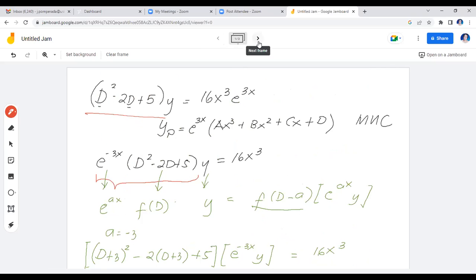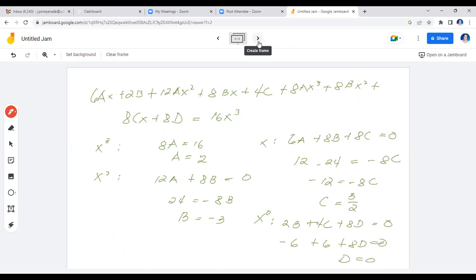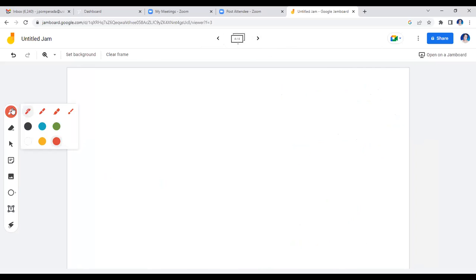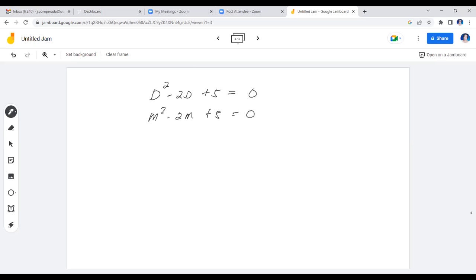So if it's plus minus 2i, to cut our procedure, your d squared minus 2d plus 5 equal to 0. This is your complementary equation. If you write its auxiliary equation, it would be like this. Finding the roots for this one will use the quadratic equation, and this will be the answer that you will be getting.